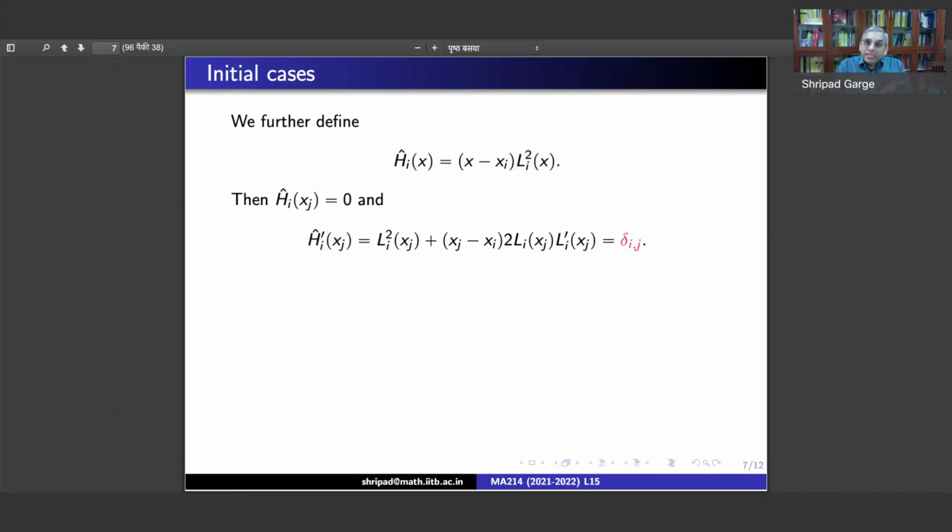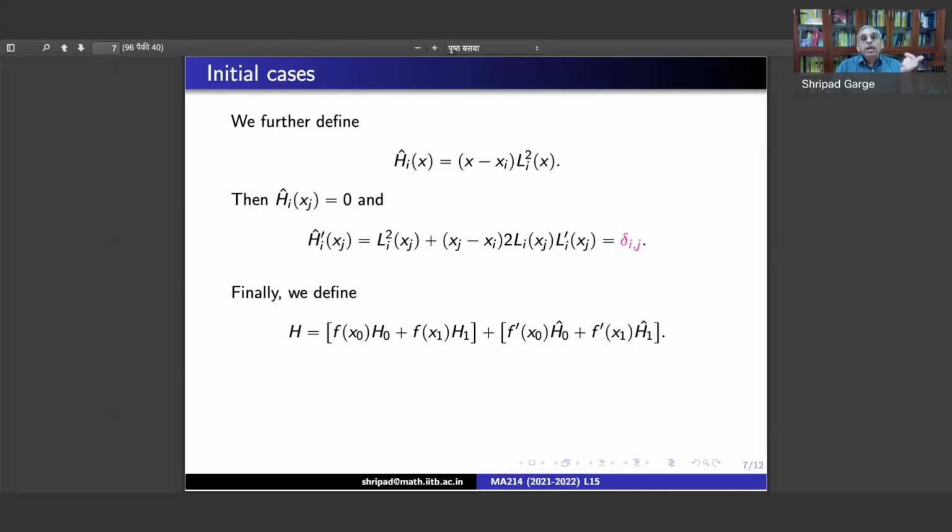And now it is clear that we have to take suitable linear combinations of h0, h1, h0 hat, and h1 hat. So we finally define the polynomial function h to be f of x0 h0 plus f of x1 h1 plus f prime of x0 h0 hat plus f prime of x1 h1 hat.